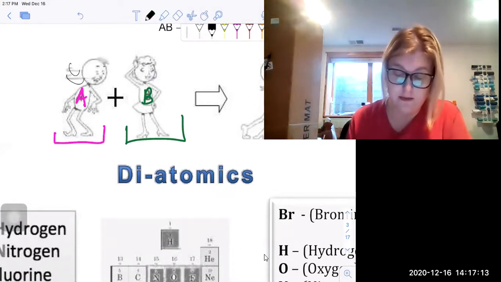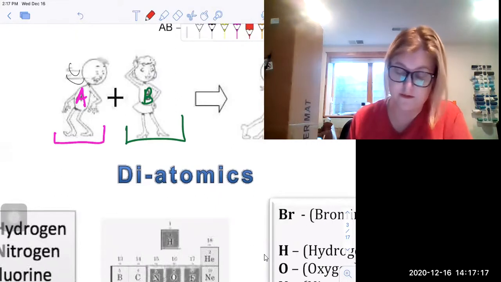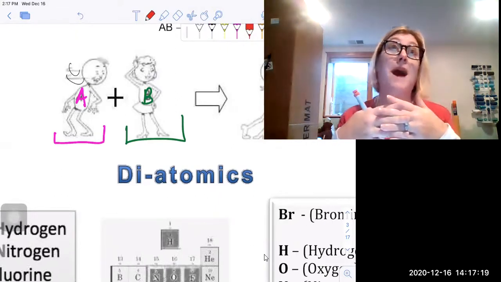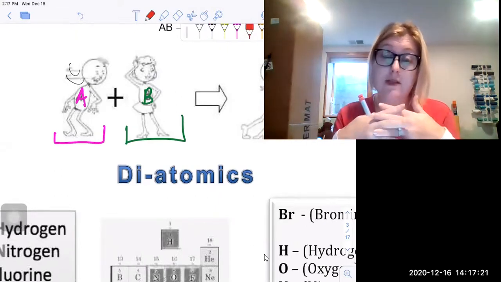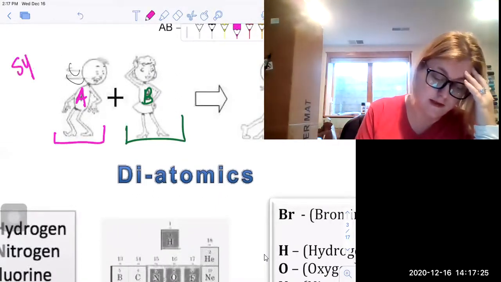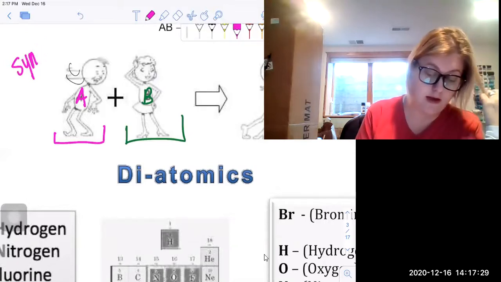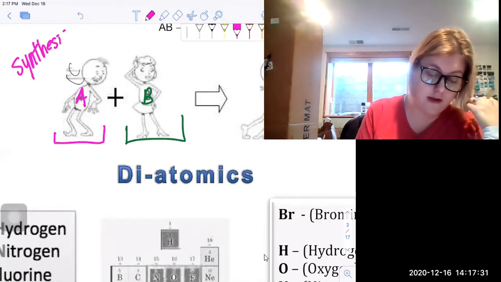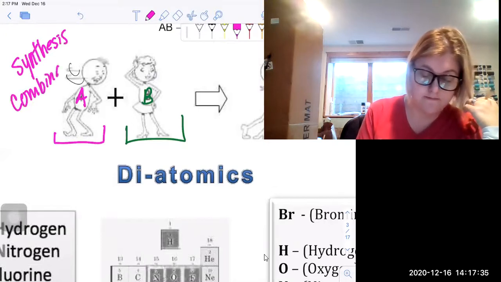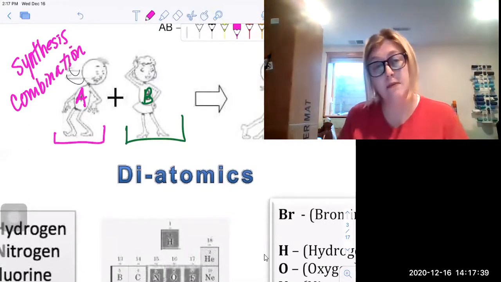And they end up forming this beautiful thing together, this love relationship where they are chemically combined. We would call this type of reaction a synthesis. Another word for it is combination, or combo. That's the first type of reaction.